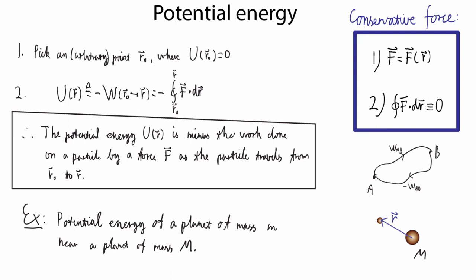We then have to pick a point R0 where the potential is 0. Conventionally, in this case we pick R0 at infinity.